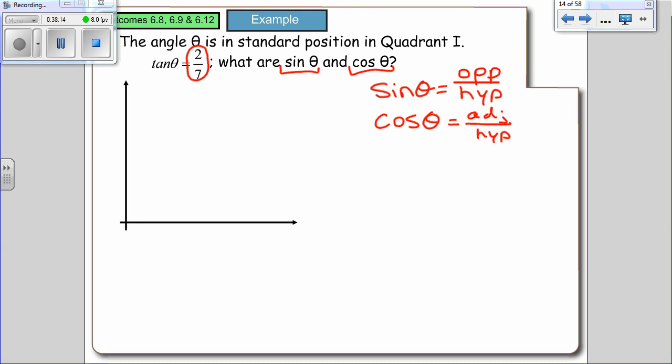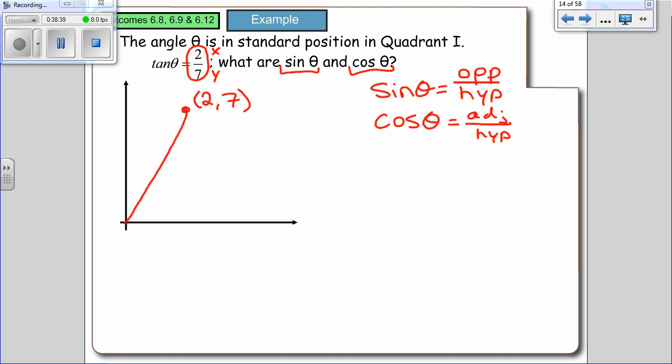They're telling you the points of your terminal arcs. Tan of theta told you you have a point at 2, 7. Now you can build a triangle. Where's theta in this triangle?